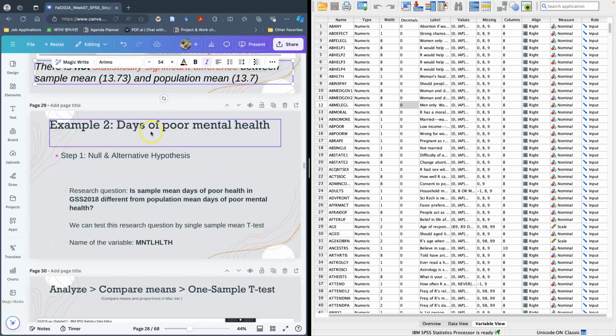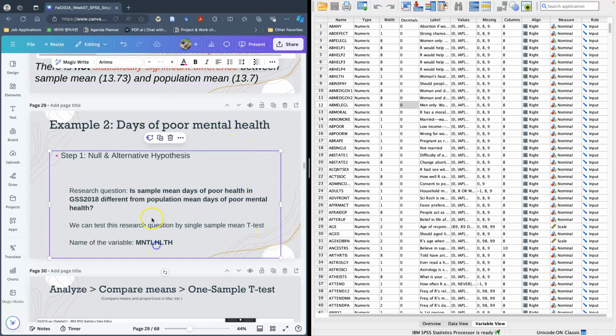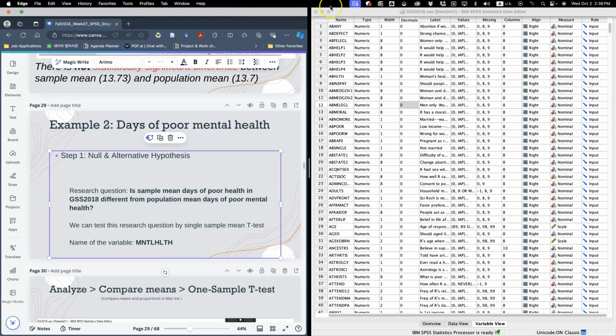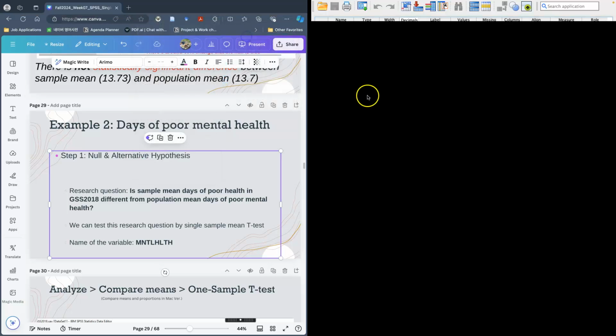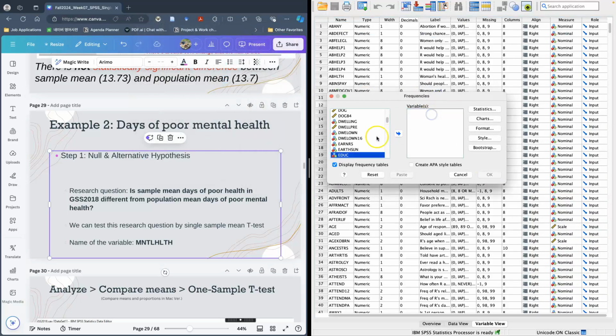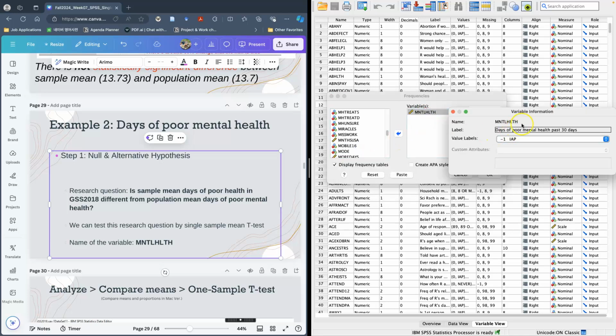So example 2, days of the poor mental health condition, and so the variable is MNTHL something. So let me show you the frequency table. Alrighty. So quickly, MNTHLTH. Alright. So variable information saying that days of the poor mental health past 30 days.